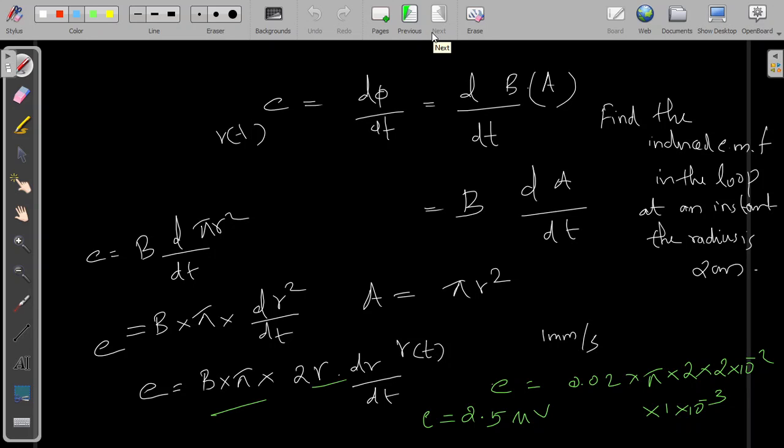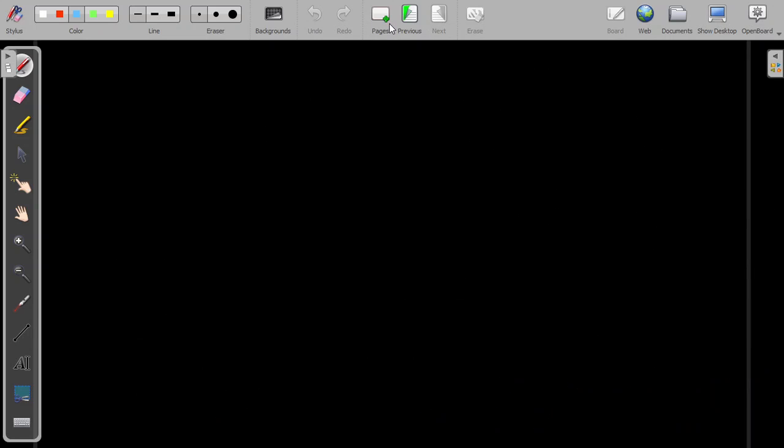Now we have Faraday's law. According to Faraday, the magnitude of the self-induced EMF is E equal to N d phi by dt. And also we have the expression for the self-induced EMF as equal to L di by dt.